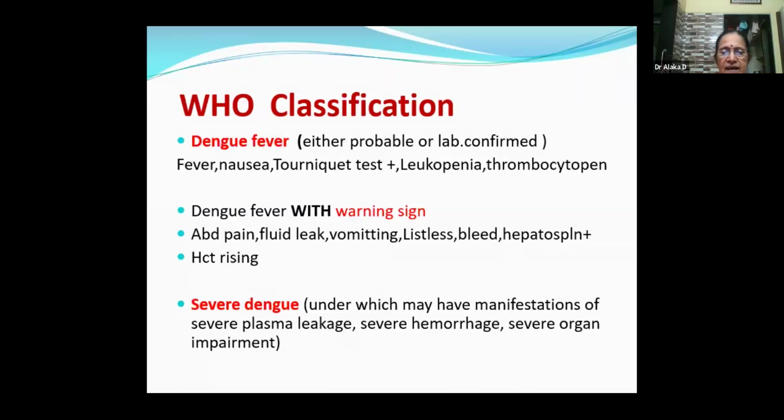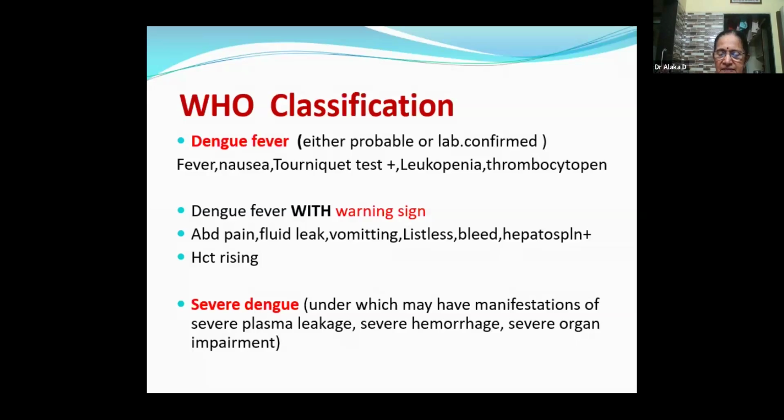Severe dengue, under which we may have manifestations of organ involvement and all the systems in the body are involved. There is a capillary leak, so there can be pleural effusion, pericardial effusion. There can be altered consciousness, the brain functions are affected, the liver functions are affected, the kidneys are affected.